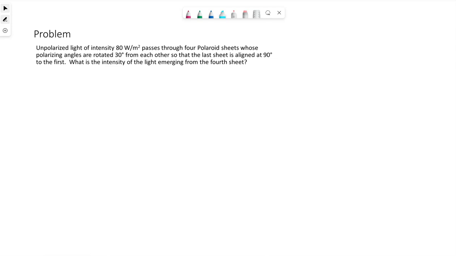We have 2 equations for polarization. I transmitted is half of I naught, and this is when we start with unpolarized light.